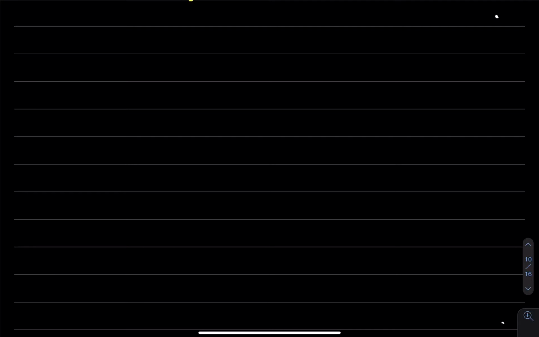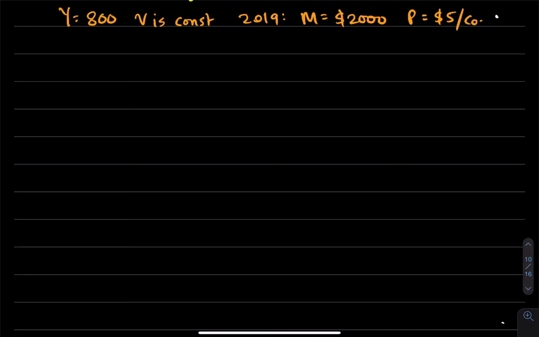We're still given Y is 800, V is constant, and in 2019 we're given money supply is 2,000 and price level is $5 for a cookie.